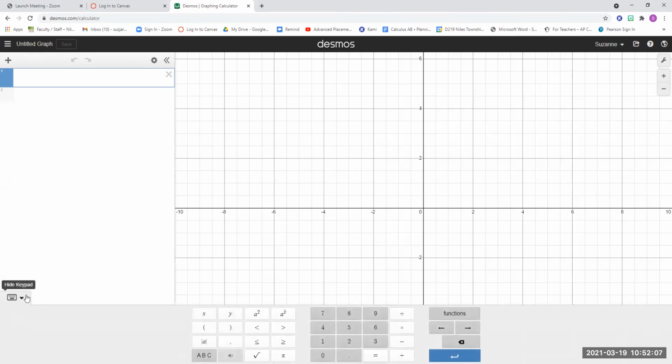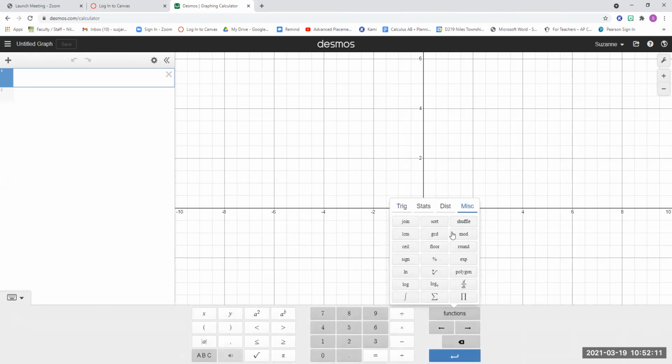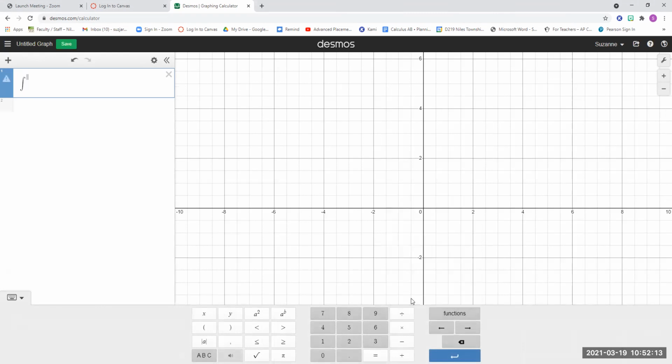So when you get into your keyboard on Desmos in functions and under miscellaneous, you will find an integral symbol. Now, you should be looking at your picture at the same time that I am doing this because I'm using this strictly to calculate, okay?